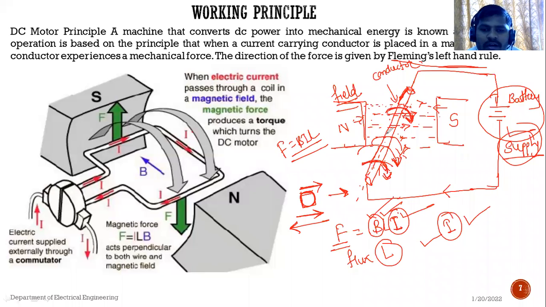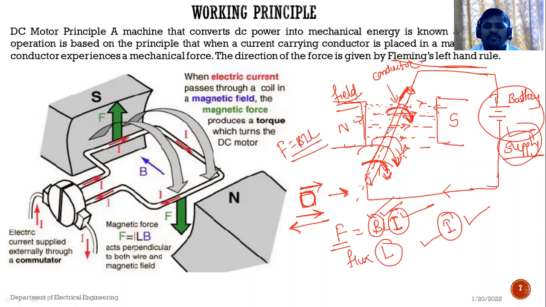सो दिस इज द वर्किंग प्रिन्सिपल ऑफ डीसी मोटर, that is when a current carrying conductor is placed in a magnetic field, then that conductor will experience a mechanical force, and the direction of this mechanical force depends upon Fleming's left hand rule.